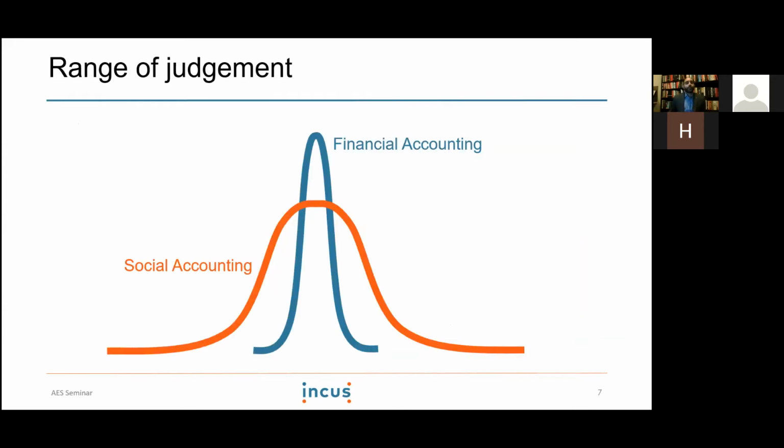So we know that the range of judgment for social accounting, or accounting for social value, is quite wide. The range of judgment involved in financial accounting is the narrower one there. Now, that's not because financial accounting is done in a lab, it's just that it's had 300-400 years of standardization. It started off as this idea that we need to account for the financial value of an enterprise.